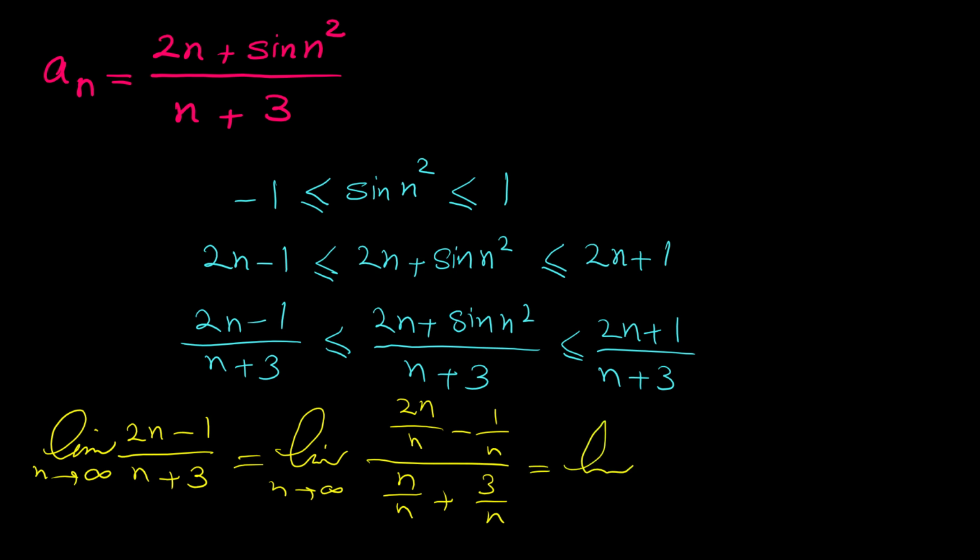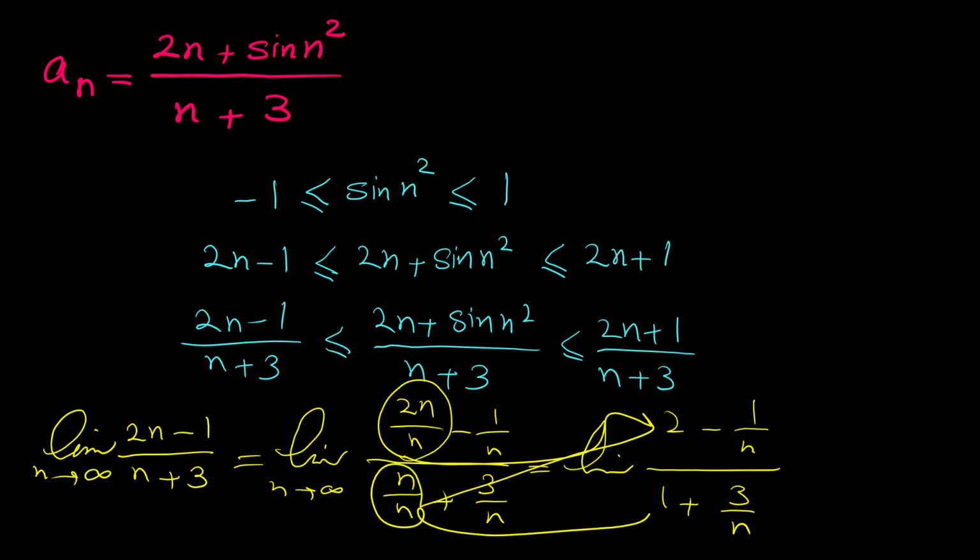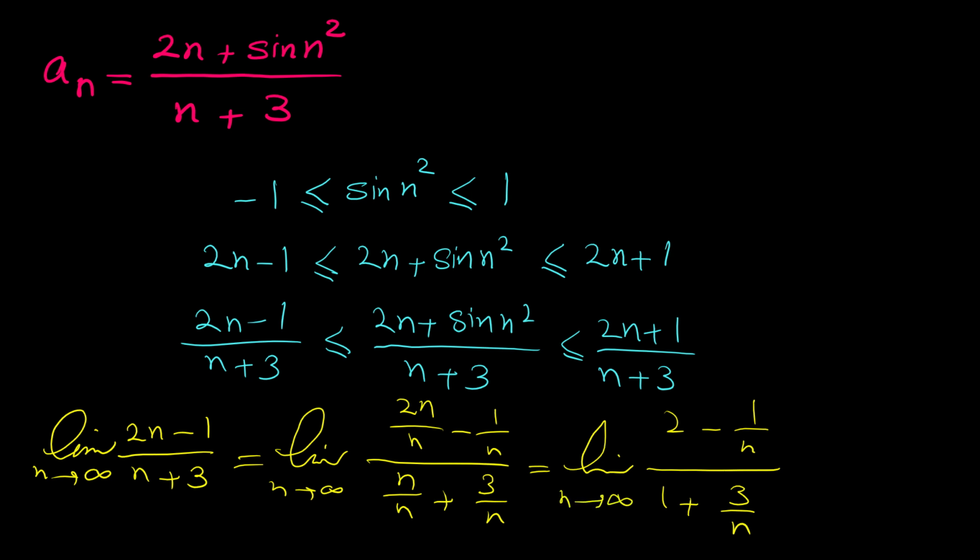Then we simplify. We have in the numerator 2 minus 1 over n, and in the denominator 1 plus 3 over n. 2n over n is 2, n over n is 1. Now, attention, in this limit, n approaches infinity. When n approaches infinity, the limit of these expressions is 0 because we have a number divided by infinity. 3 divided by infinity is 0. 1 over infinity is 0. So we have 2 in the numerator, 1 in the denominator, so it equals 2.